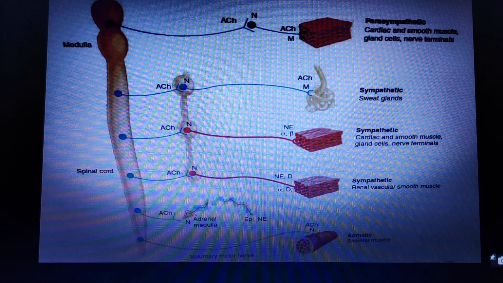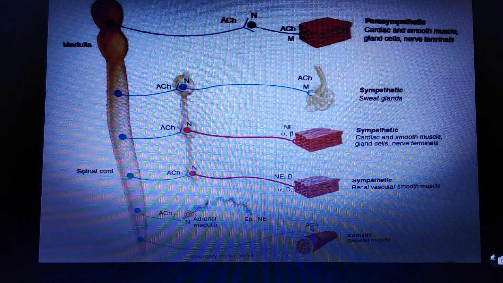If we go to the kidney and other blood vessels, here also in the ganglion the neurotransmitter is acetylcholine, but in the end organ it is noradrenaline, or it could be dopamine, because dopamine is present in the kidney or renal vasculature.